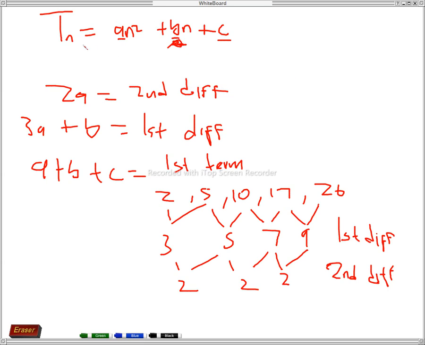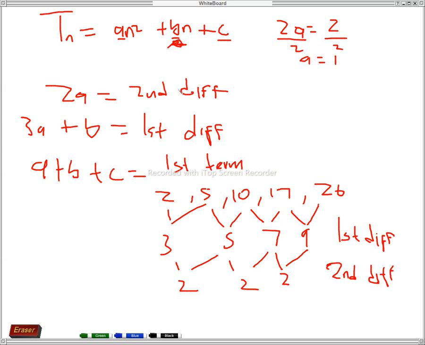Let me start with A. 2A is equal to the second difference, therefore it's going to be equal to 2. You divide both sides by 2, and then A is equal to 1.